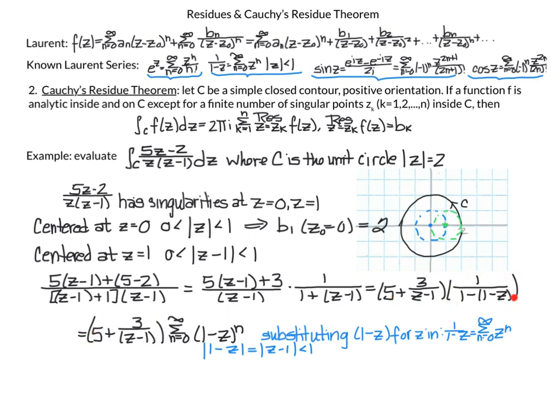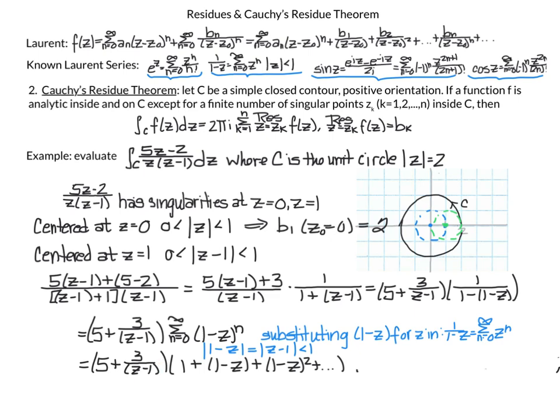Then this factor becomes my summation of 1 minus z to the n. And also remember, when we use this formula, we verify that the absolute value of our simple function of z is less than 1. And I did that here, but that just comes from the condition of our domain. So we're good there.